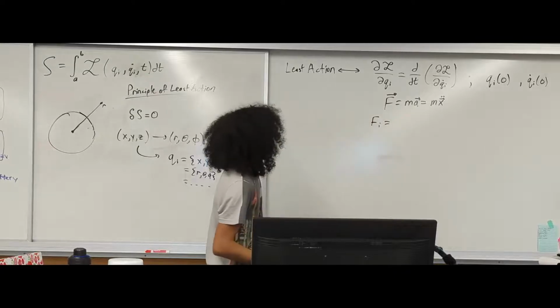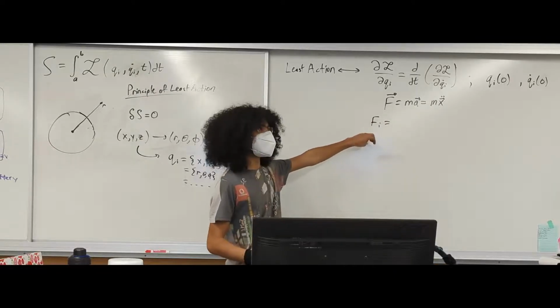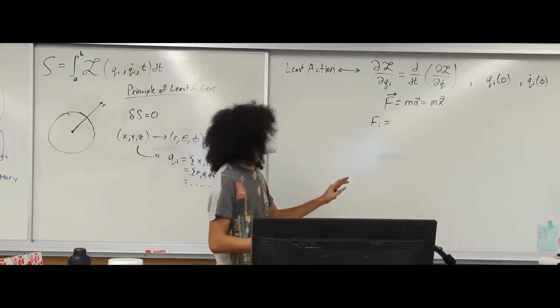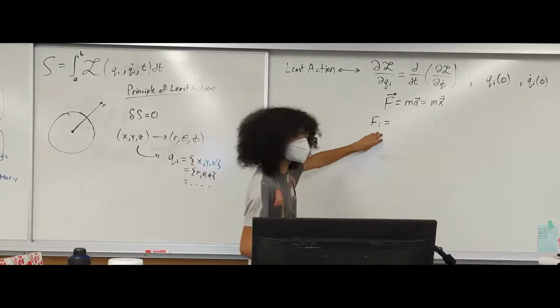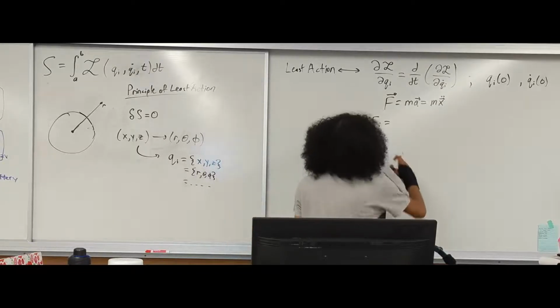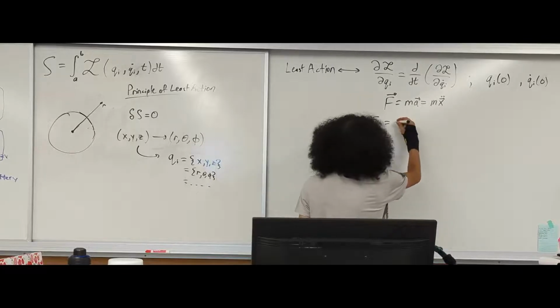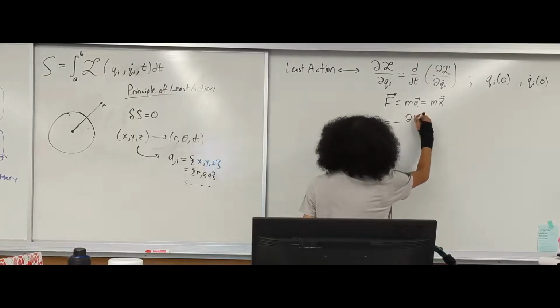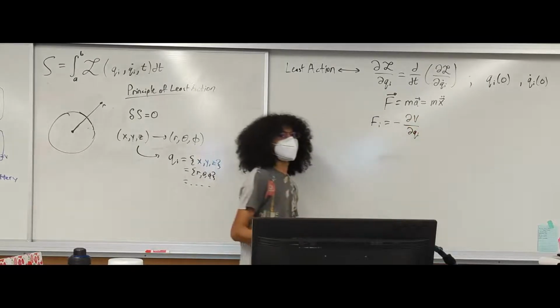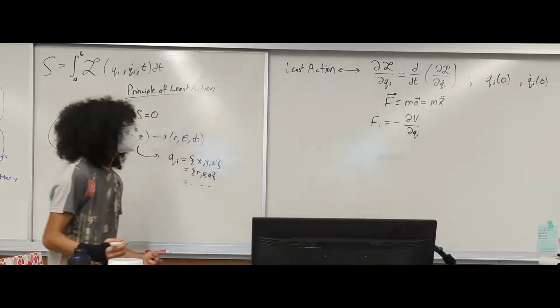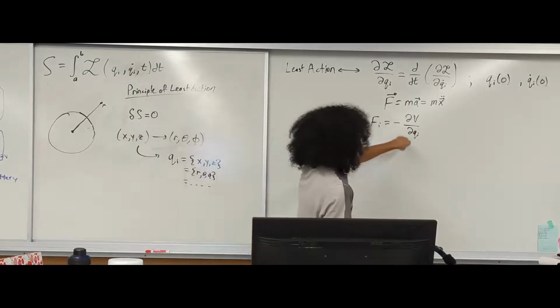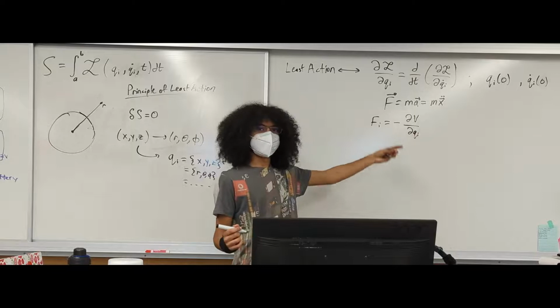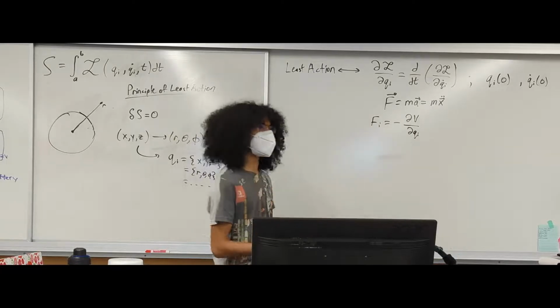So for the direction of the i-th generalized coordinate, this is basically what we're saying. Or let's say we're working in Cartesian coordinates. So for a certain particle in a certain direction, the force is the negative derivative of the potential energy with respect to that position. Okay? So you guys learned that as minus dV by dx, but this is just the generalization of that into more dimensions and more particles.